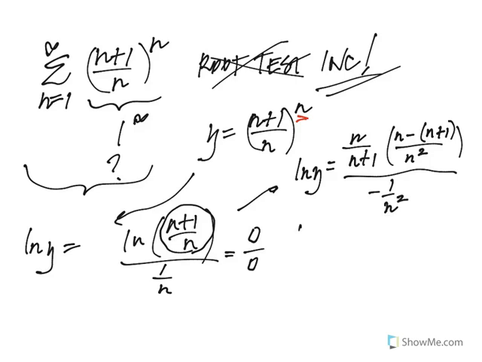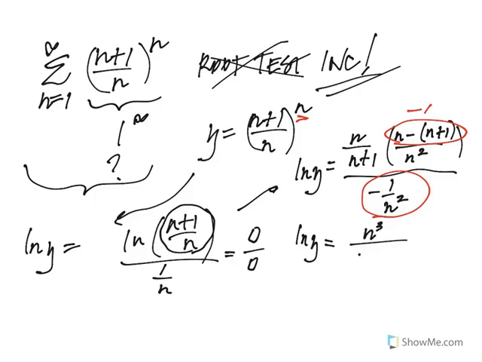So now what I want to do is just clean this up. I've got the natural log of y. This is equal to, this portion right here just gives me negative 1. And if I copy dot flop with the bottom, everyone stick with me here, that's going to give me positive n cubed on the top.